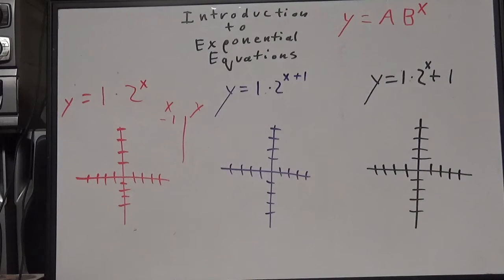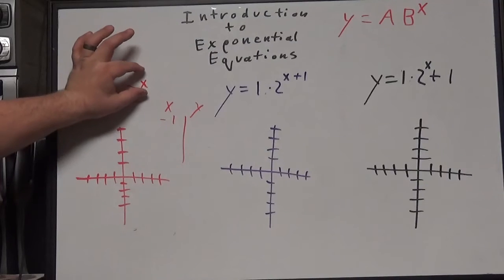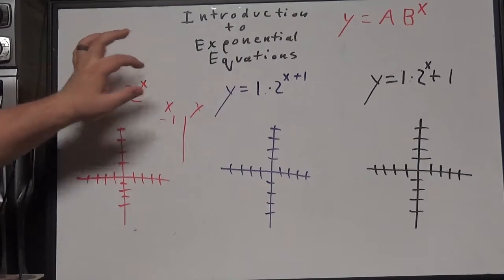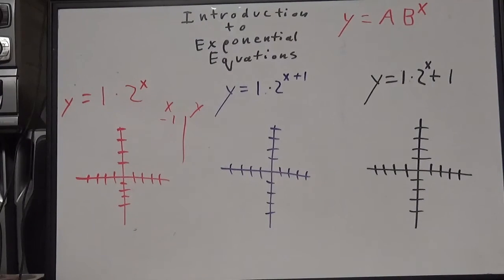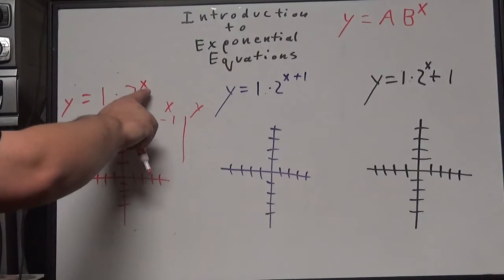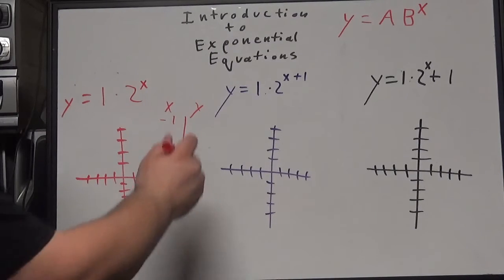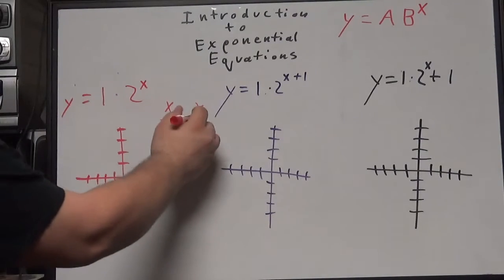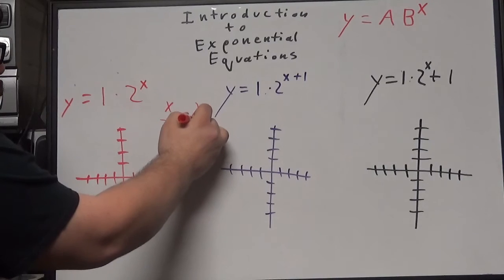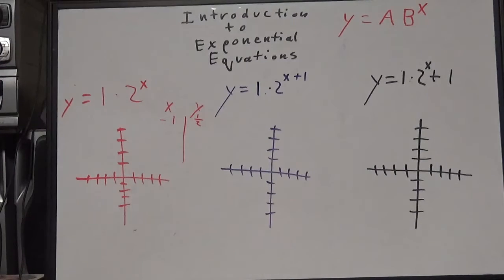That's going to make the exponent -1. Now if you remember the rules of exponents, 2 to the power of -1 is the same as 1/2. 1 times 1/2 is 1/2. I suggest using a calculator, certainly when you have negative exponents.